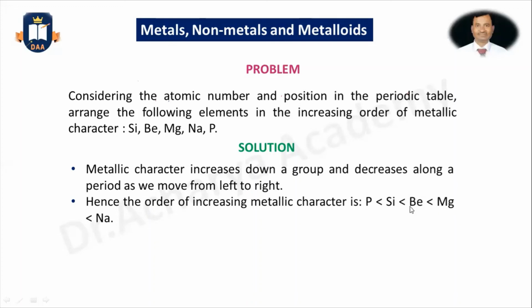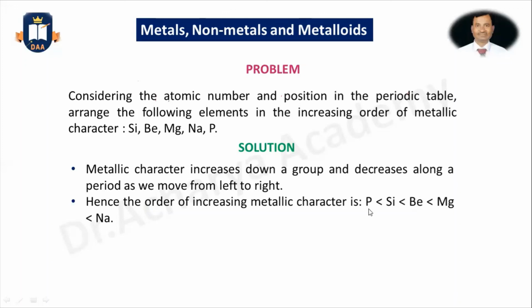Then beryllium, whose position we have seen in the periodic table, comes next, and after that silicon, and the least metallic character is with phosphorus.